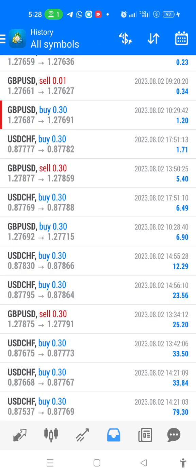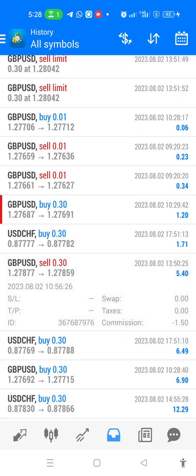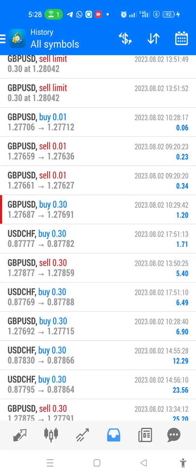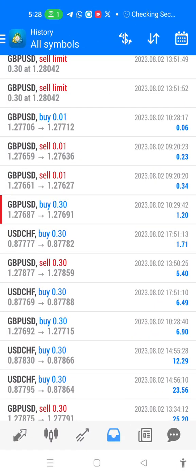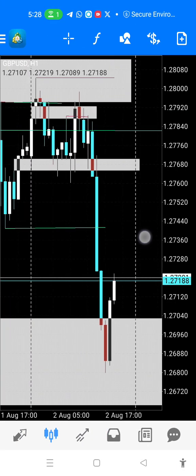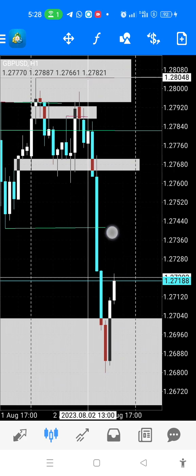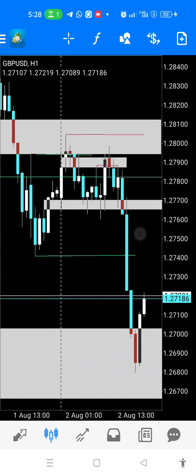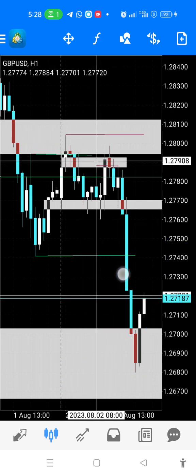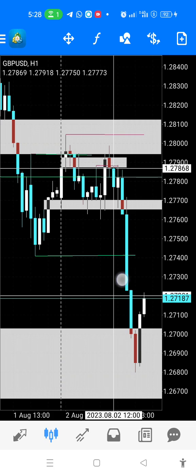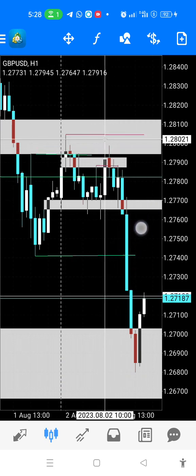You can see I also placed some sell limits around there, just in case price comes to that point, because today was a busy day for me and I couldn't stay on the chart for a very long time. Now these were my entry points.